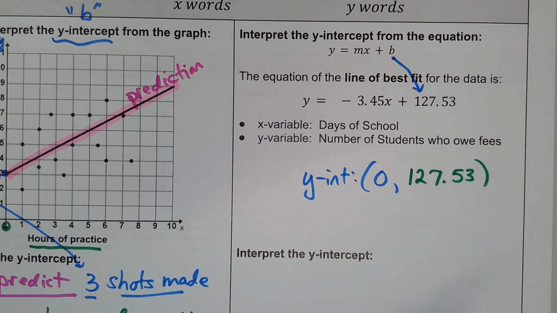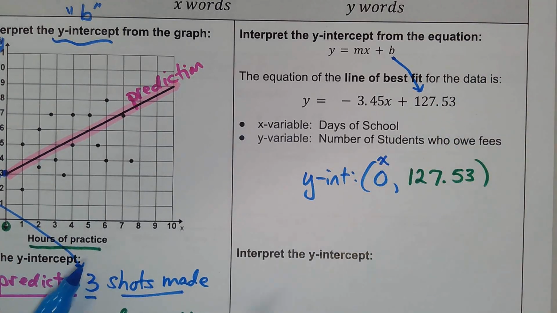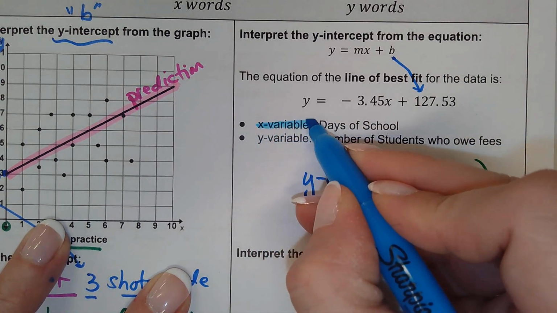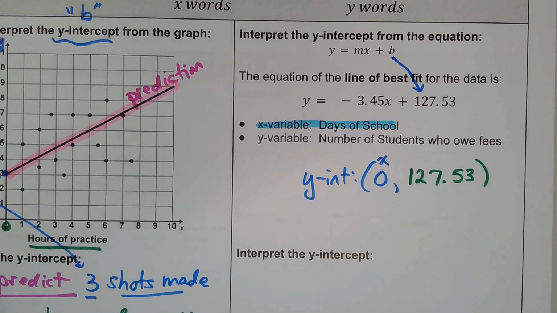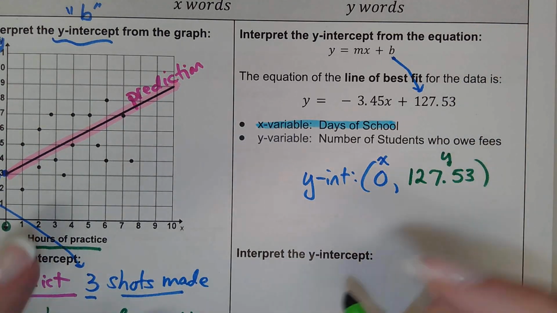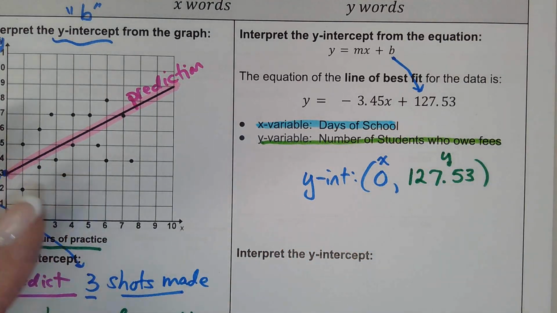And I have to explain those things. Since this is the x number, that number is going to go with these words, days of school, and the y number would go with the y words, which is number of students who owe the fees.